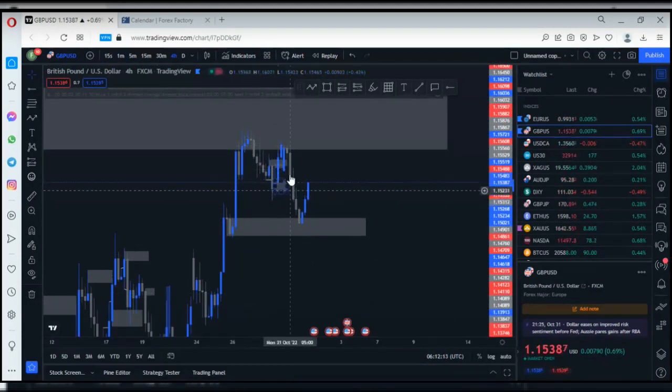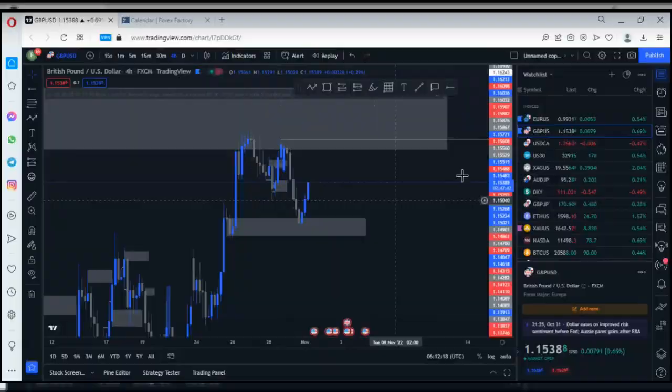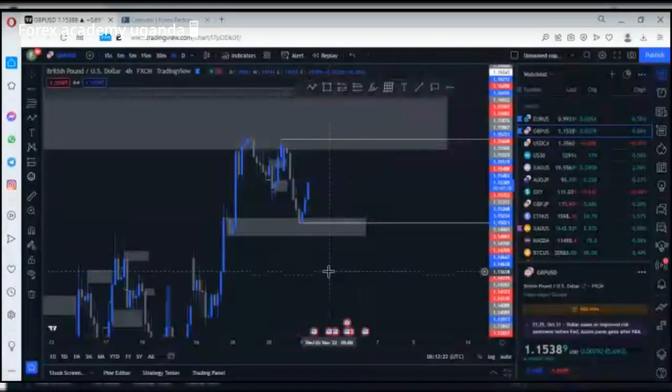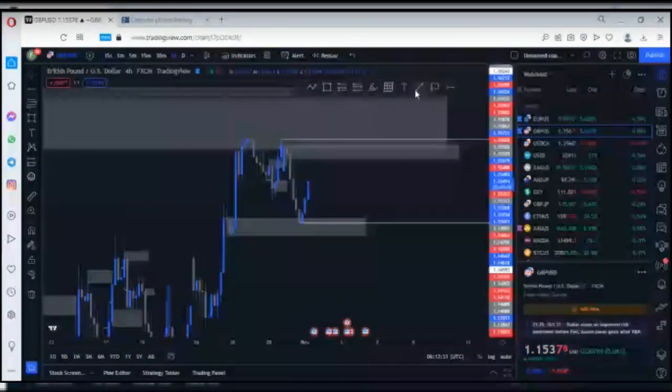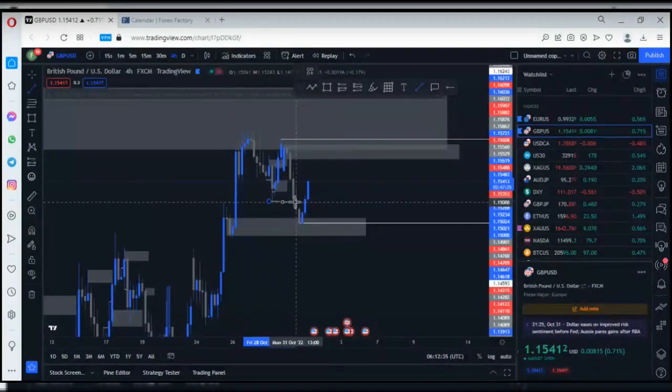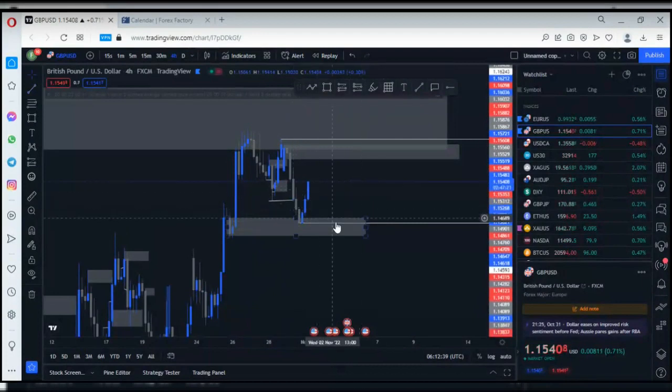But yeah, we have a bearish range on the H4. We have this supply. So I'll be waiting for the supply to be tagged in for me to sell. But right now, I'm looking for buys.